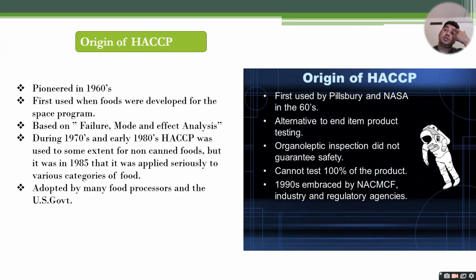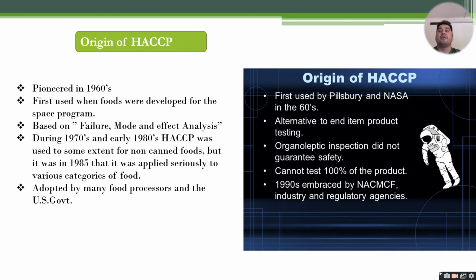Now let's understand the origin of HACCP. HACCP was pioneered in 1960 and first used when foods were developed for the space program. So this is the history of HACCP. Based on failure mode and effect analysis, during the 1970s and early 1980s HACCP was used to some extent for non-canned foods, but it was in 1985 that it was applied seriously to various categories of food.